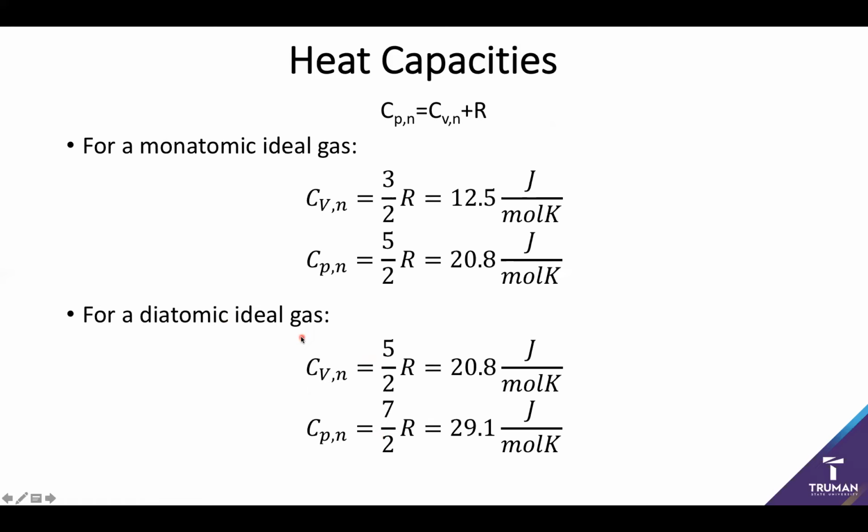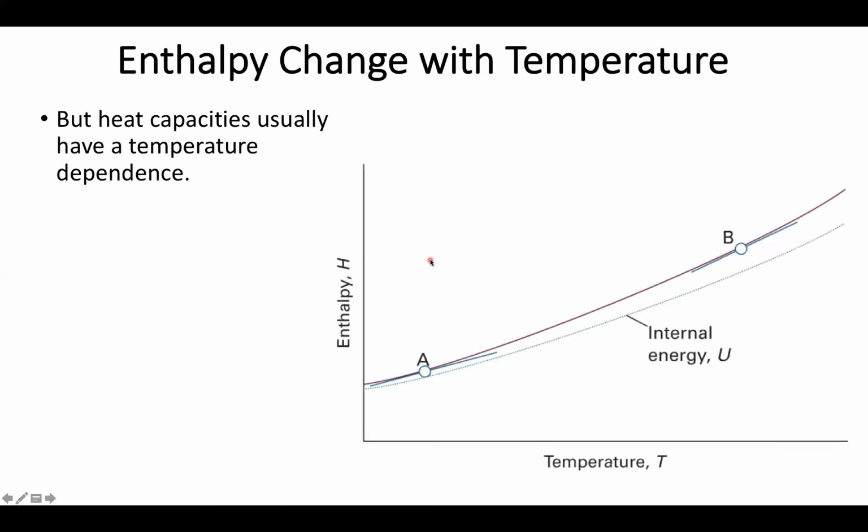And this is where we start running into issues, because most systems aren't quite so ideal. So we have to deal with the fact that most heat capacities aren't going to follow these simple relationships. One of the most important things we're going to run into is that most heat capacities usually have a temperature dependence. And we can see this with things such as the internal energy.